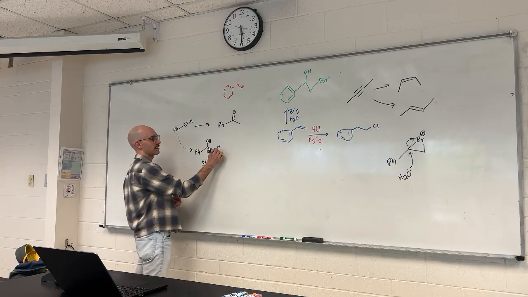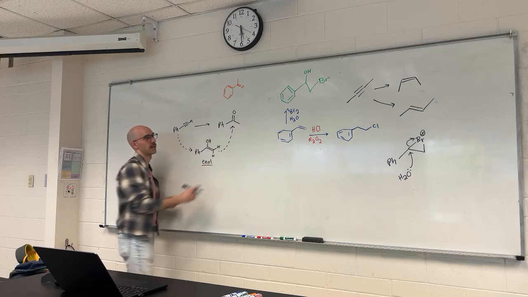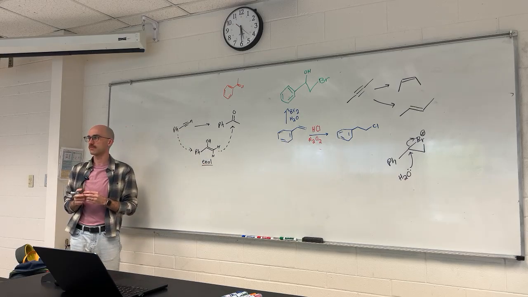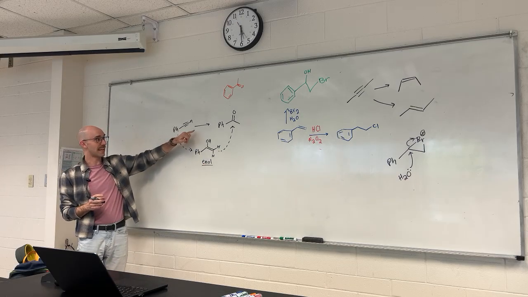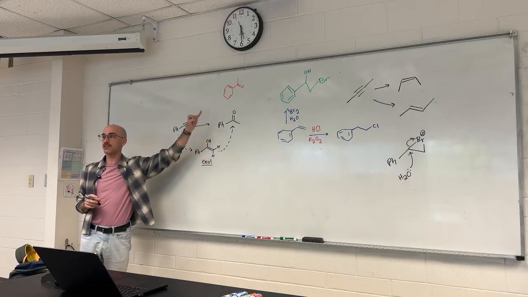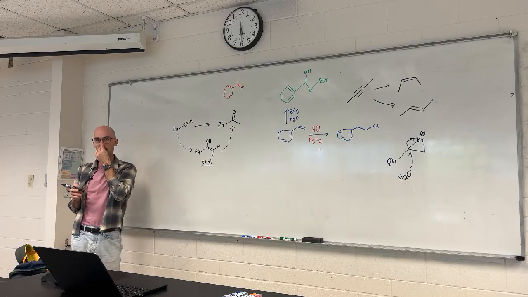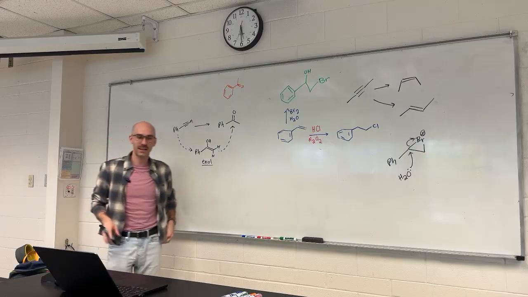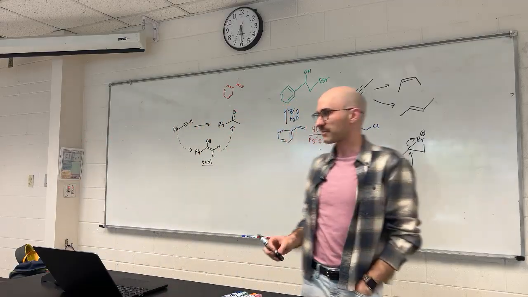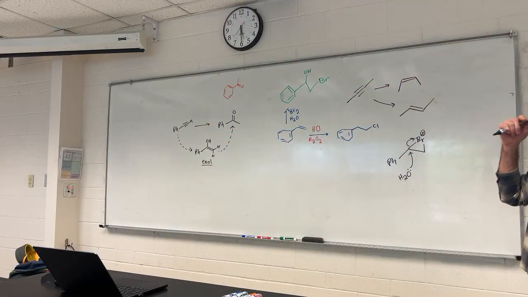This enol is a structural isomer to this ketone. And it uses acid to do that structural tautomerization, that structural isomerization. Oh, I can't say it. Isomerization.